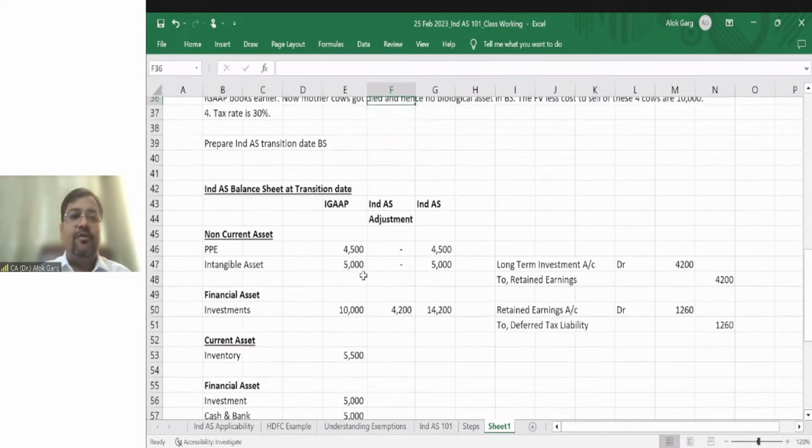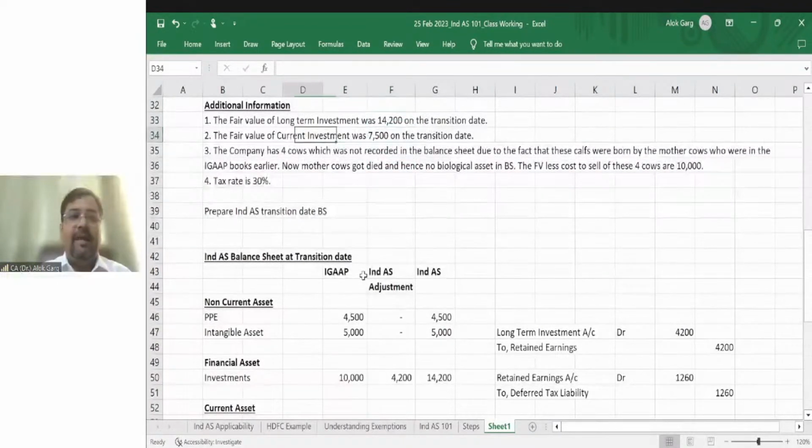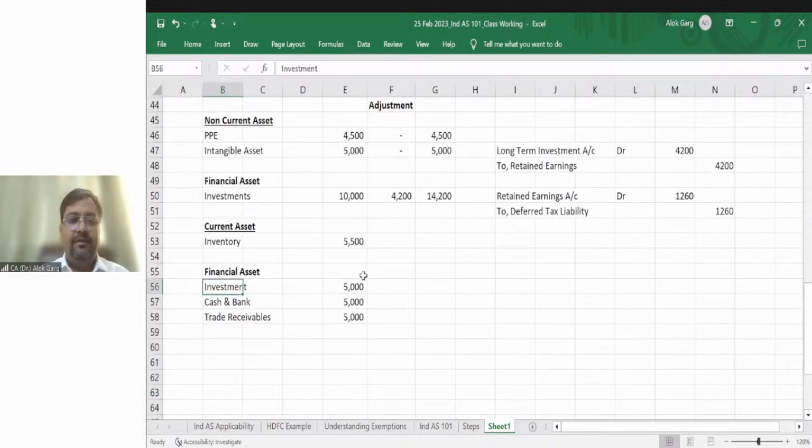Now it is written that the value of the short-term investment, current investment, is 7,500 on the transition date. We will upside this by 2,500 and it will become your 7,500. Inventory, no information is given. We will assume that inventory is of the same value, right? Cash in bank and trade receivable, no information is given. So we'll assume the same amount.